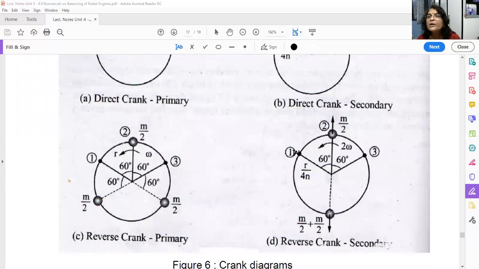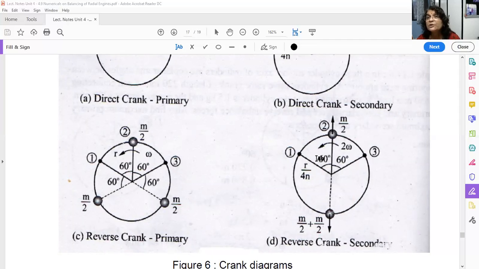Now you have to rotate cylinder number 1 line of stroke anti-clockwise by which degree? 240°, so that it will come here. Minus 240, no? So it will come here. Then cylinder number 2, you have to rotate by 0°. So it will remain here only.